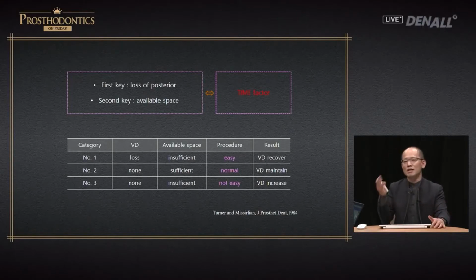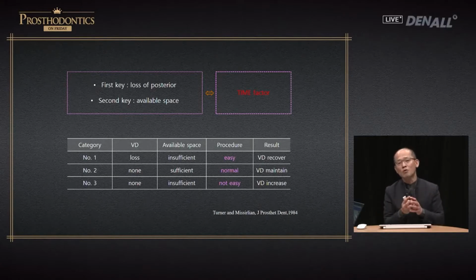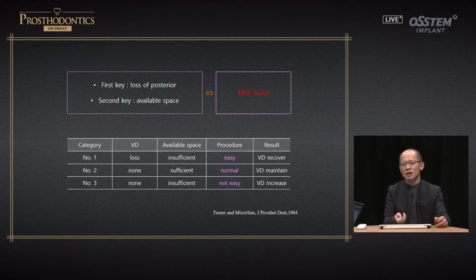What is important is that for a rehabilitation patient, as the occlusion is collapsed, they don't come immediately. Some come kind of late, and there's a lot of wear, so you have to be considerate of that.